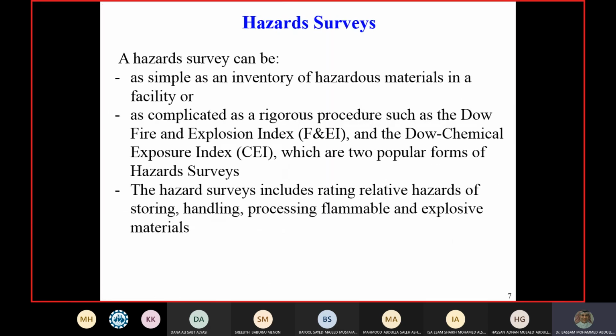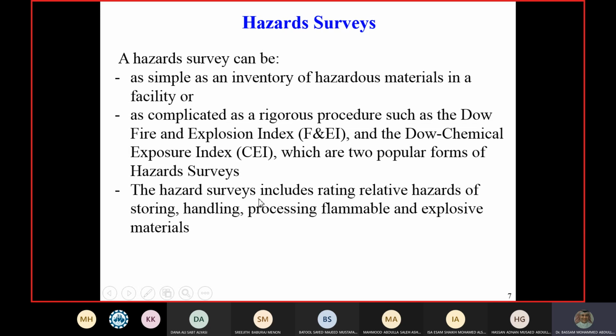So you can see that you're just making sure that everything is in place. This is where we have a checklist. There is something called hazard surveys, and you have two popular procedures: the fire exposure index and the chemical exposure index, FEI and CEI.